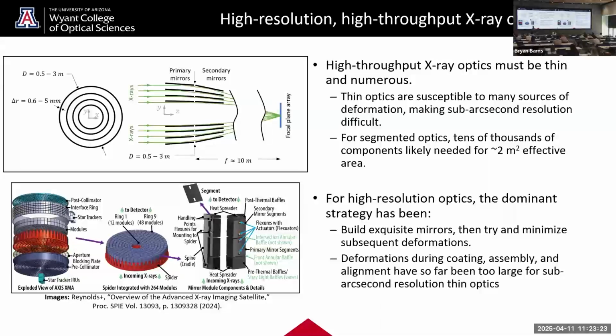The typical method that has been used for decades now has been to make really, really good optics and then don't screw them up. And the lower image here is from an X-ray probe mission that's currently in phase A development called AXIS. And that is the strategy that is being used here.